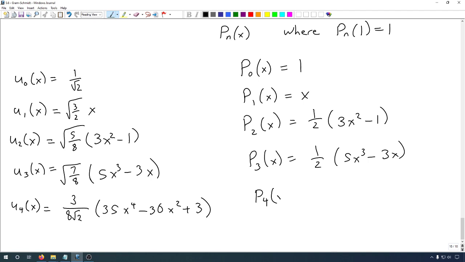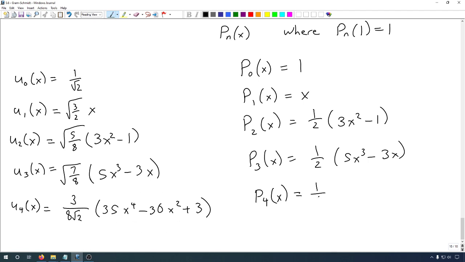Finally, p4. We take this thing, we plug in 1, we get 35 minus 30 plus 3. 35 minus 30 is 5. We add 3 to that to get 8. So we have an 8 in here, and we have this fraction outside. When we actually divide by that value that we get, we cancel on that, but we're left with the 8 that we got here.